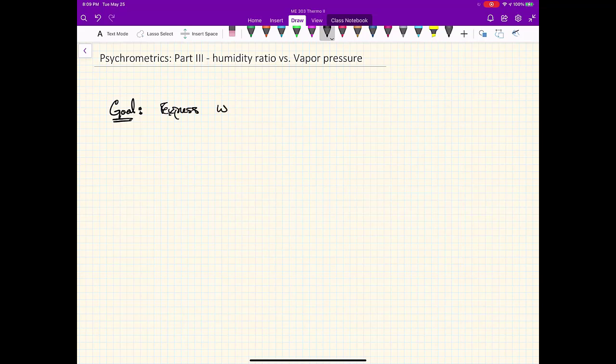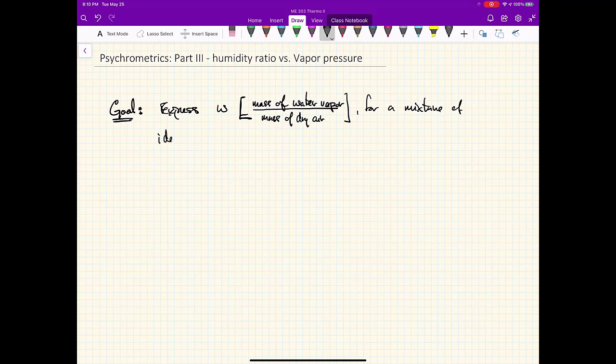the humidity ratio, which is omega? Remember, omega is defined as the mass of water vapor in a mixture to the mass of dry air in the same mixture, and that's for a mixture of ideal moist air.